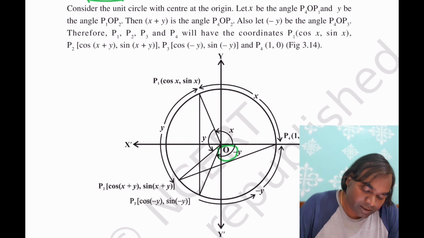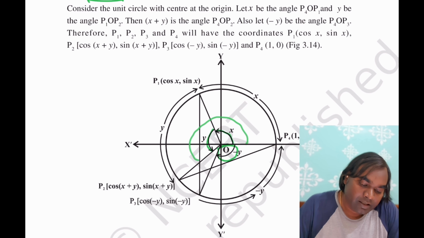So this is the angle x and this is the angle y. Then x plus y is the angle P4OP2. That means this. Also let minus y be the angle P4OP3. This angle.